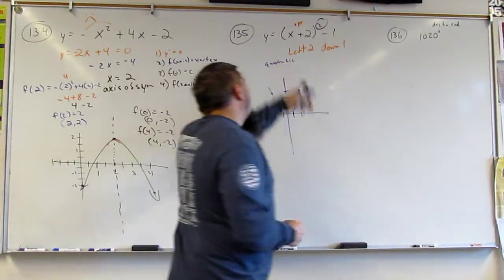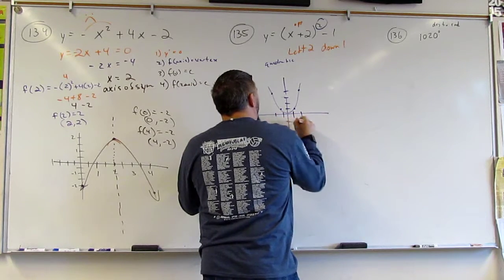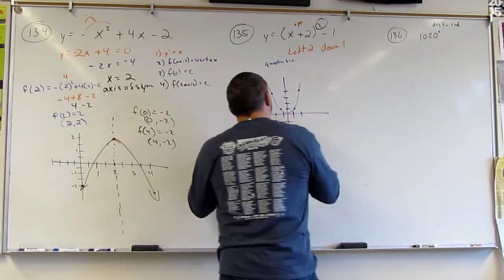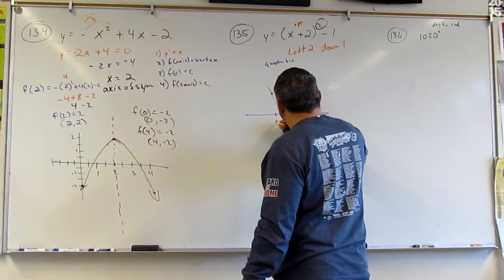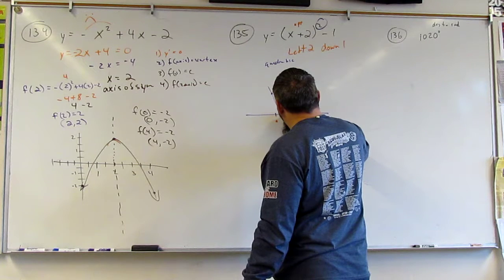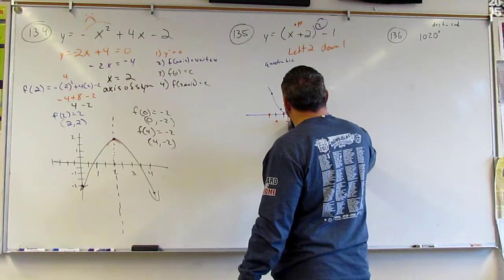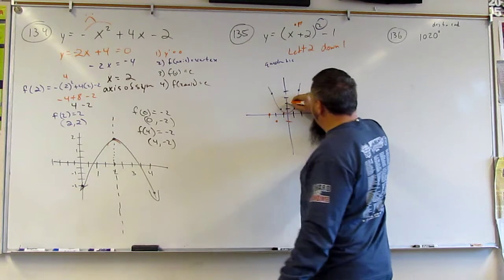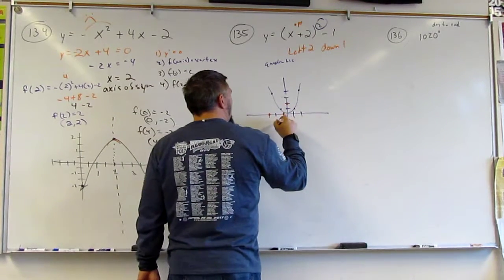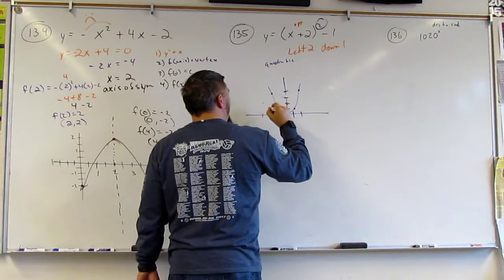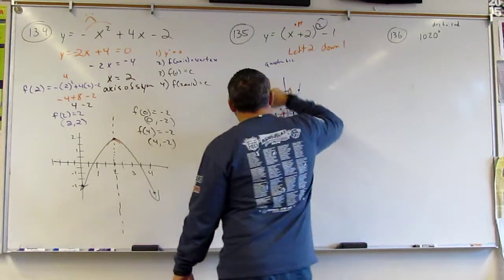But this one is going to go left 2 and down 1. And at that point, it's going to go up 1, up 1, and then over 2 and up 4. 1, 2, 3, 4. And again, over 2 and up 4. And then there it is. And it's graphed.